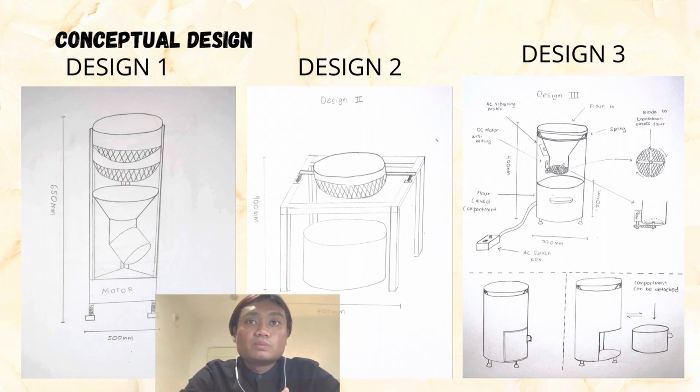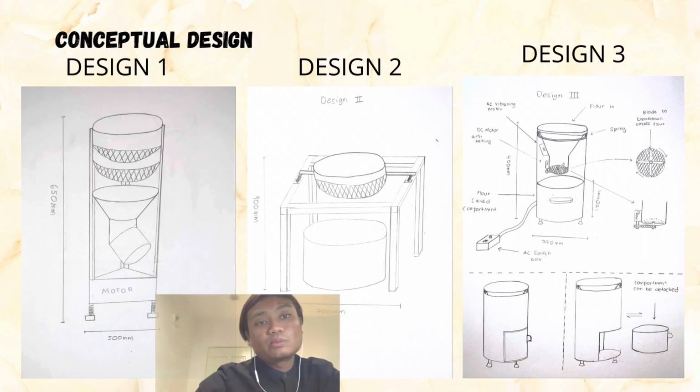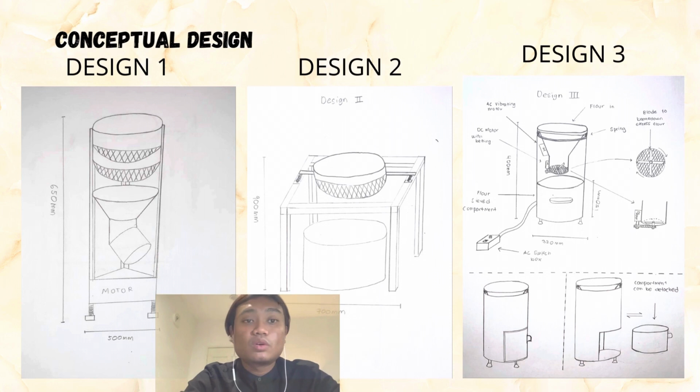The first is the sieving part, the second is the outer body, and the last is the finished flour compartment. The sieving part is designed in a cone shape with a cylindrical end shape. This is to avoid the flour being spilled out during the sieving process.